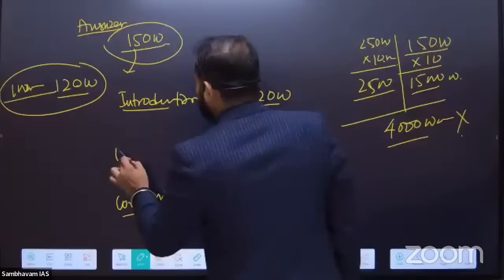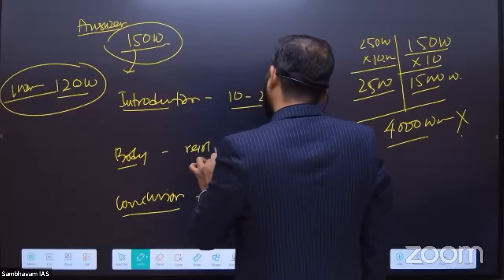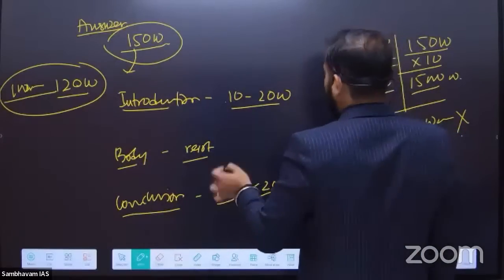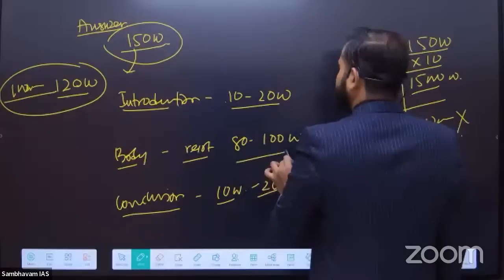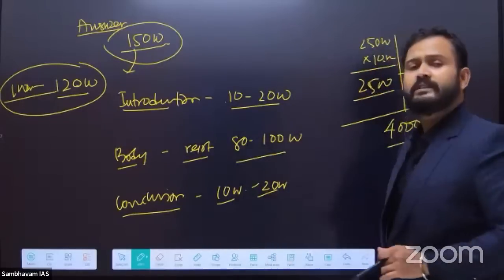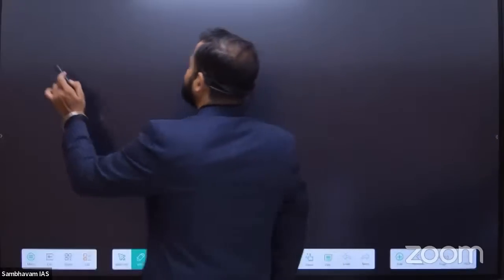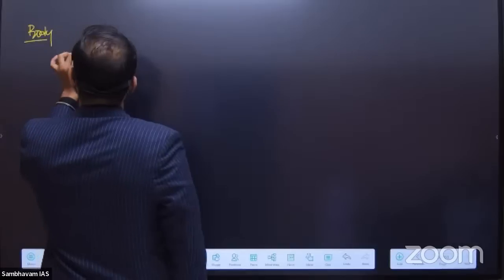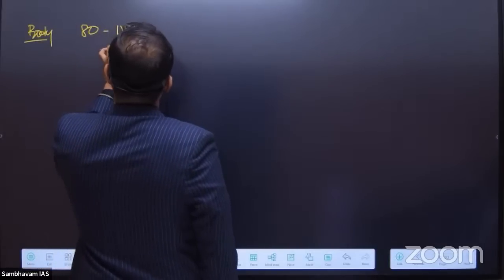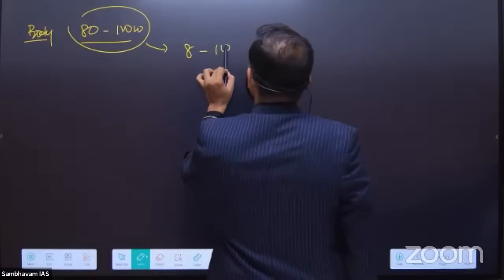And your body is the rest. Roughly, 10 plus 10, 20, that will leave roughly 80 to 100 words, maybe less. For a question, the body of 80 to 100 words is roughly 8 to 10 sentences.